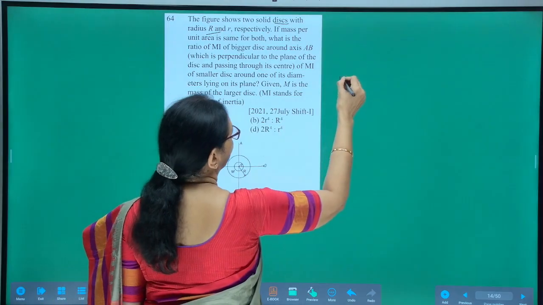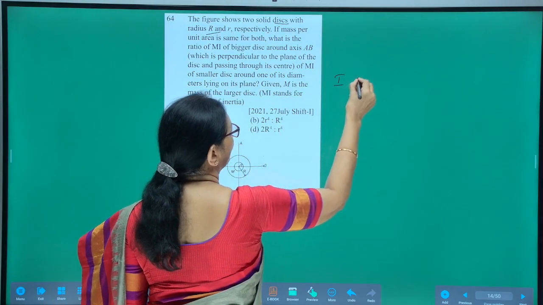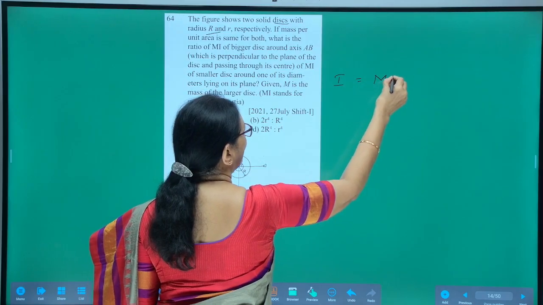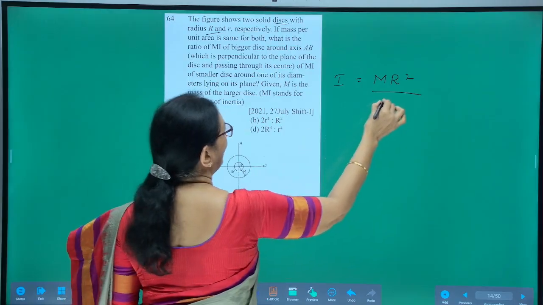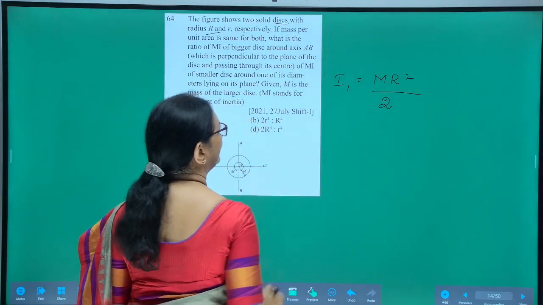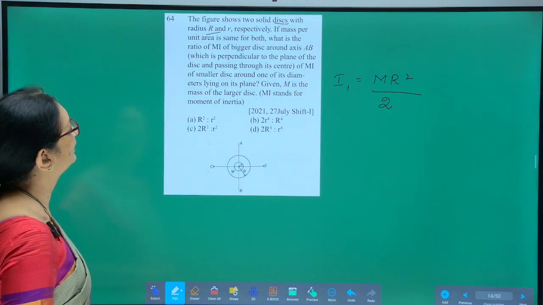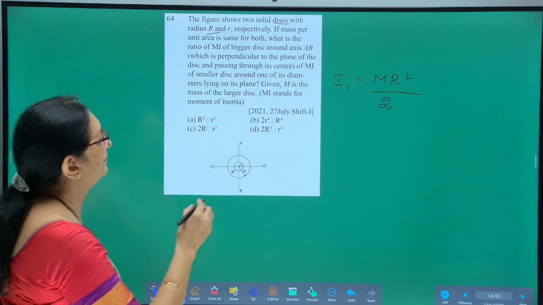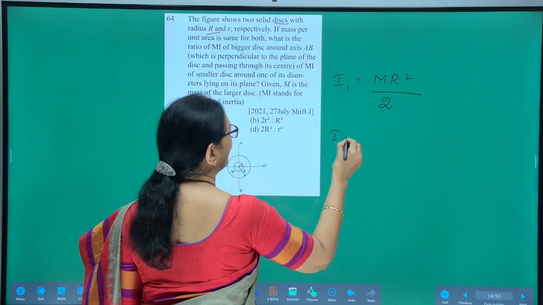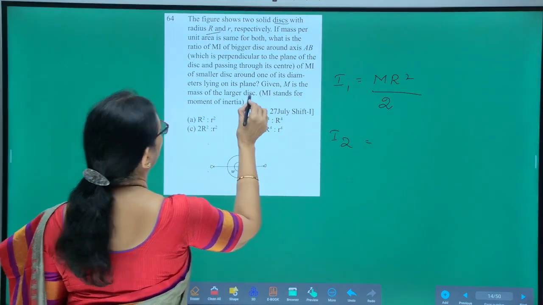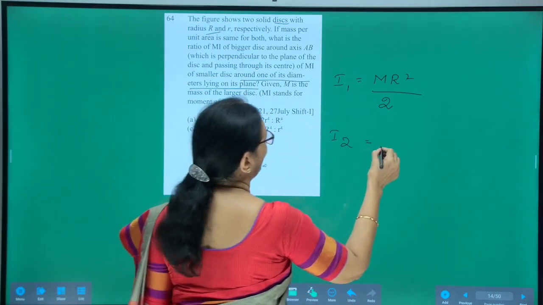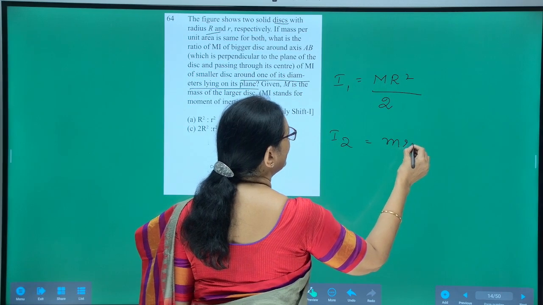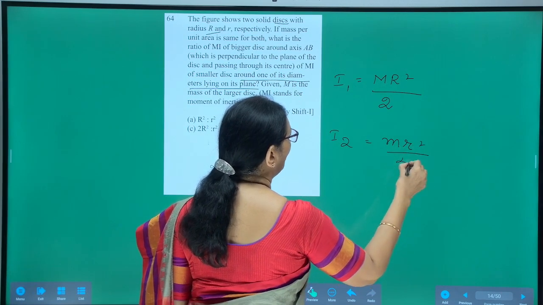Look here, moment of inertia of the bigger disc about an axis passing through the center perpendicular to the plane, that is MR square by 2, and moment of inertia of the smaller disc about any of the diameters lying in its plane, that is m small r square by 4.